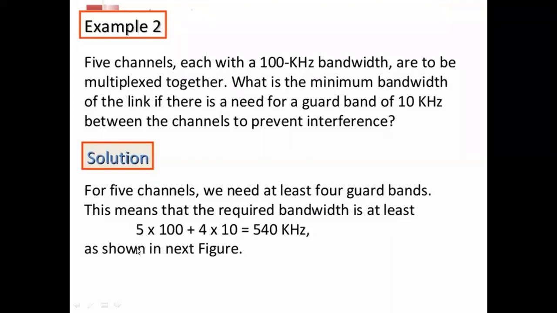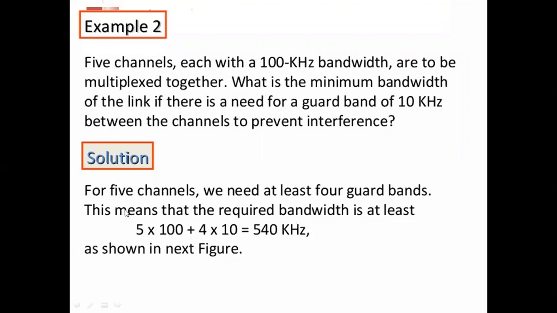Why? Channel 1 to channel 2, one guard band. Channel 2 to channel 3, another guard band. Channel 3 to channel 4, another guard band. How many guard bands? Here it is 4. That's why for 5 channels, we need at least 4 guard bands.